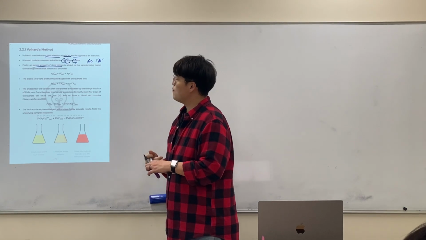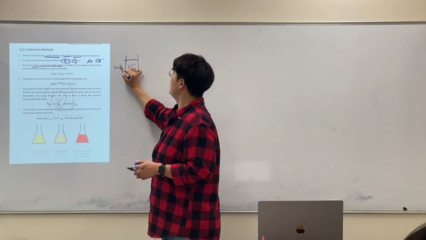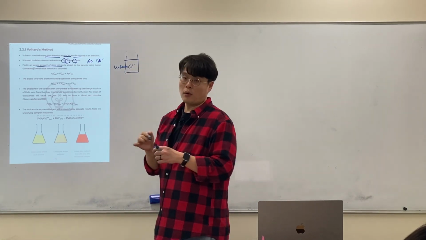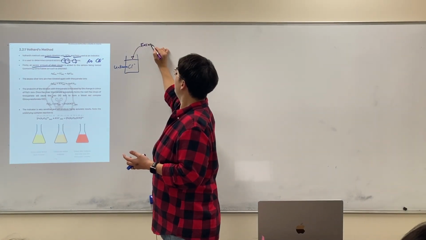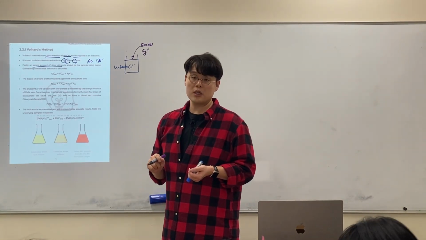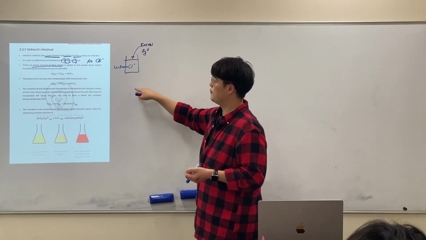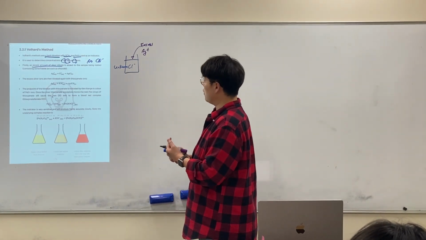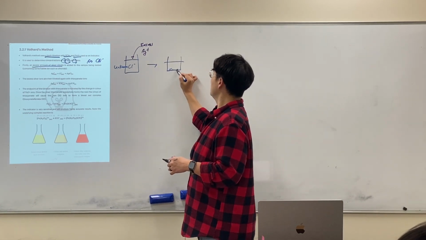So what we do first, we add an excess amount of silver nitrate to the sample being tested. So for example, you have unknown chloride, Cl-, in here. You add some excess silver ion into it. Then what do you expect? Show me, what do you expect between these two? There's precipitation, therefore it's forming what? It forms the precipitate.